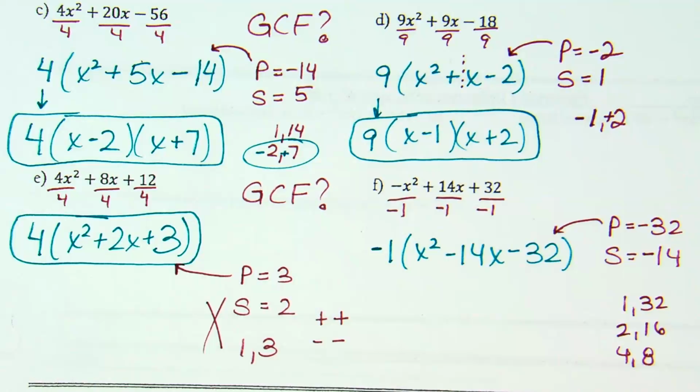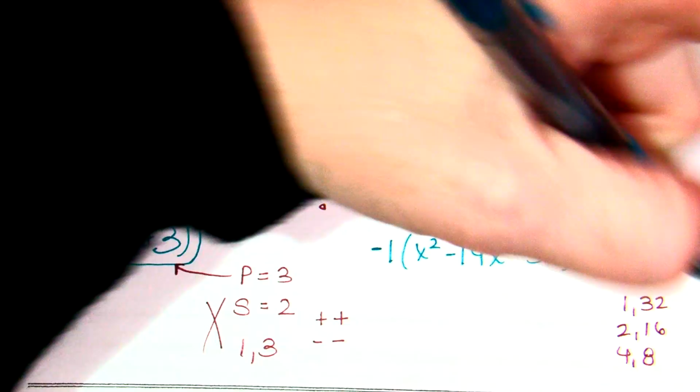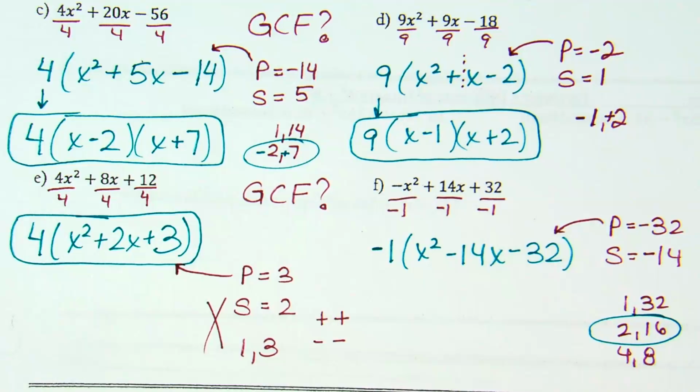Is there something that might work? Maybe 2 and 16 if we get the signs to work out? Yes. If it multiplies to be a negative, I need a positive and a negative. How do I get it to add to be negative 14?